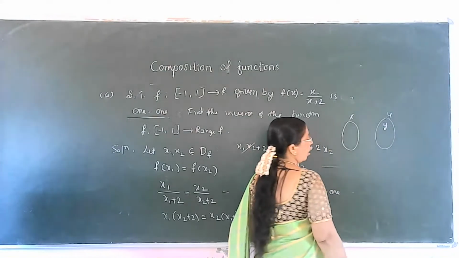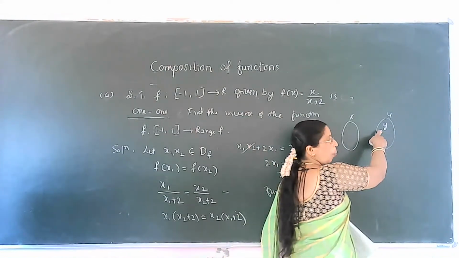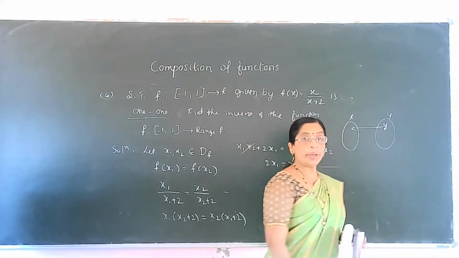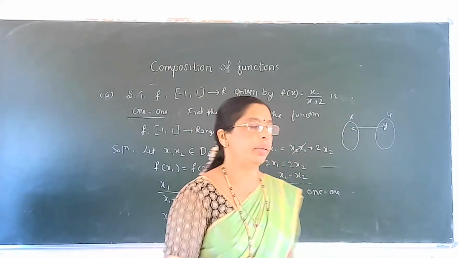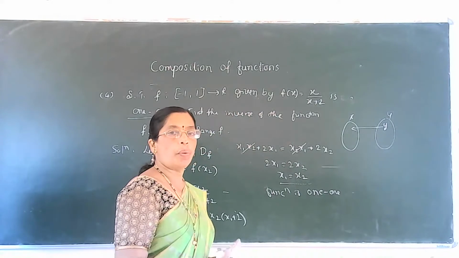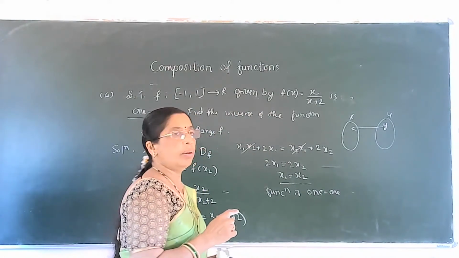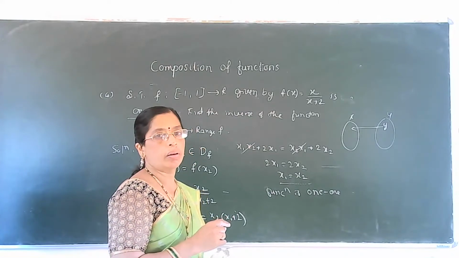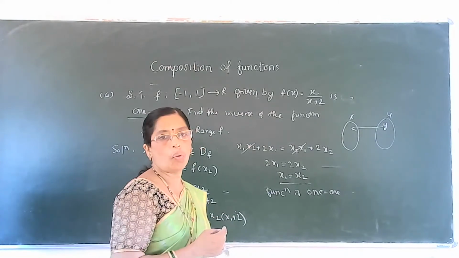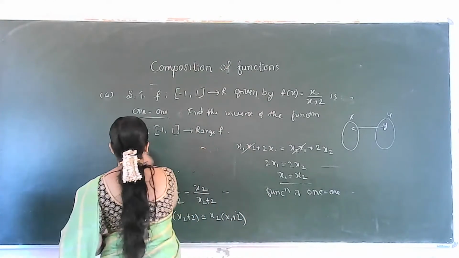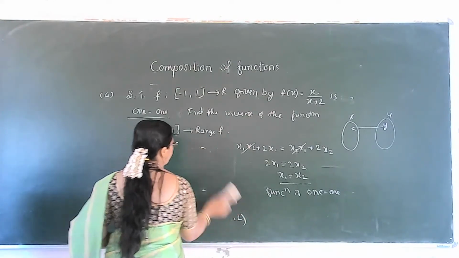We select any element y, and we find the pre-image in the domain. If every element of y has a pre-image in x, then it is an onto function.